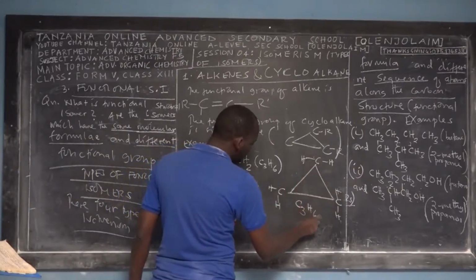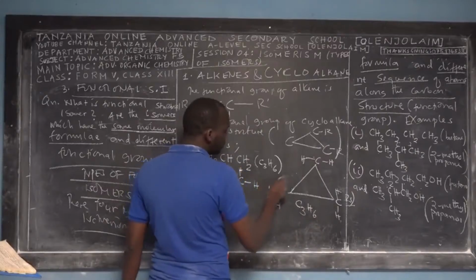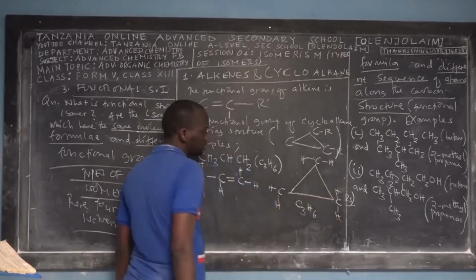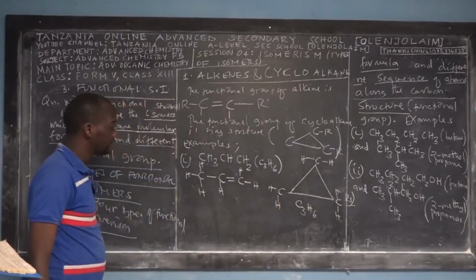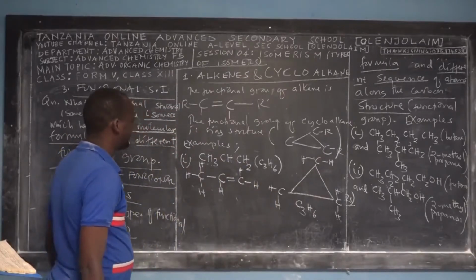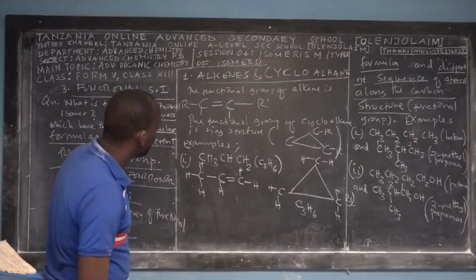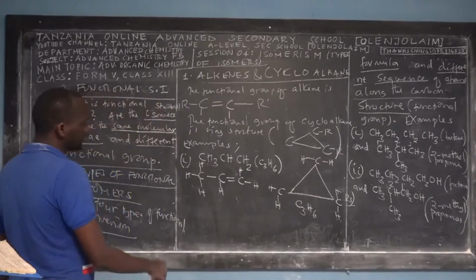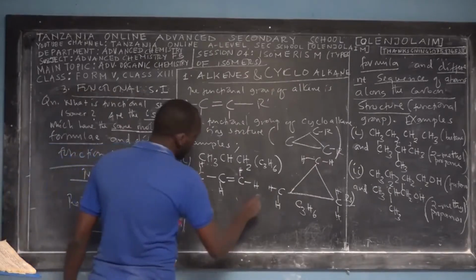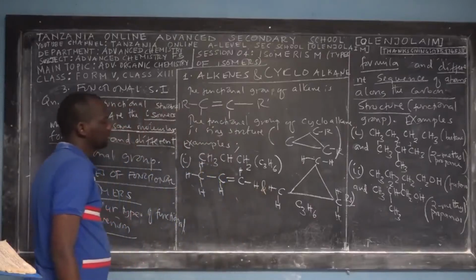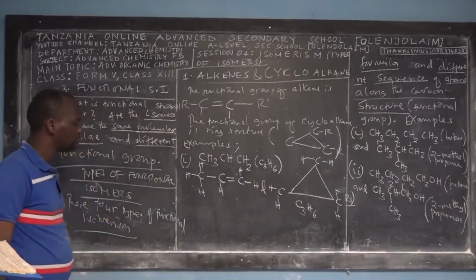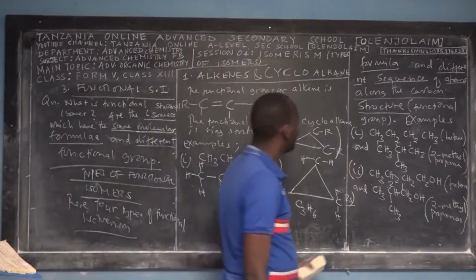How many hydrogens? 6: 1, 2, 3, 4, 5, 6. So these are the 2 examples. Regardless of which you go for, you will find what I'm telling you here.